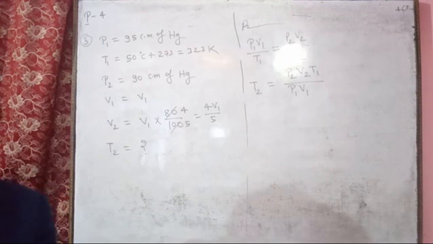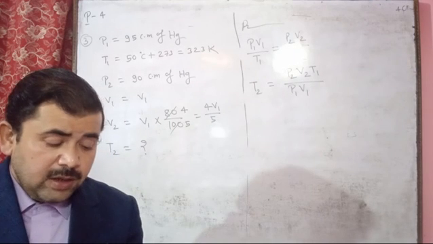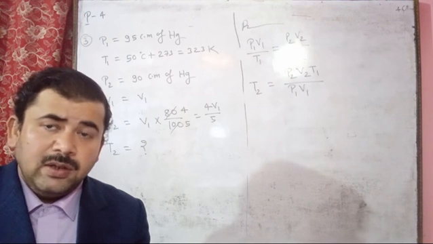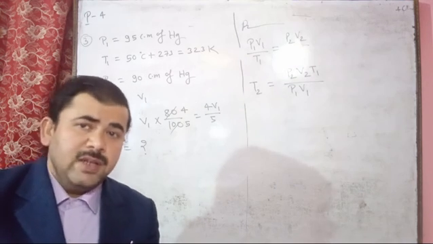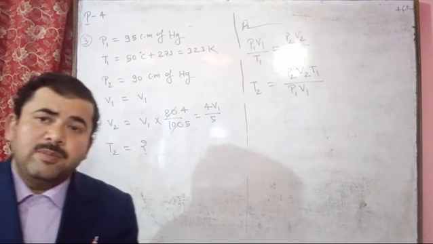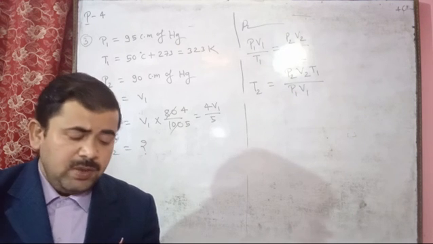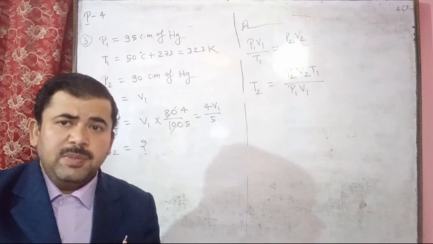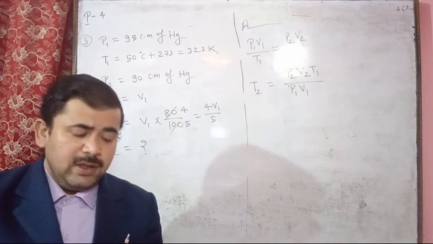So you have to determine the temperature T2. The pressure doubles, meaning the final pressure will be double the initial pressure. The initial pressure is not given, so we suppose P1 equal to P mm of Hg, then the second pressure P2 equals 2P1, double the original.